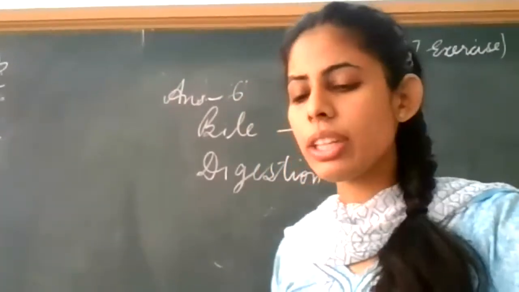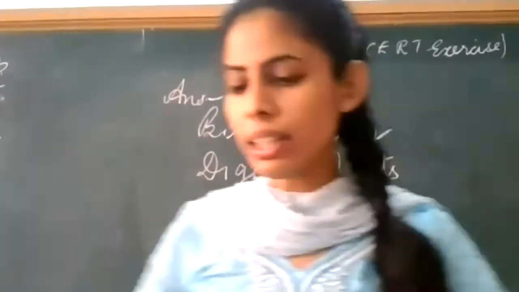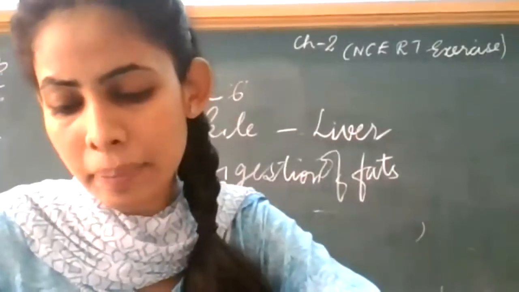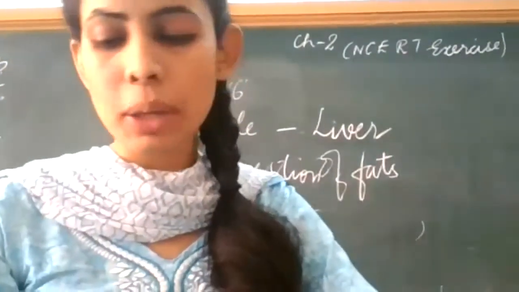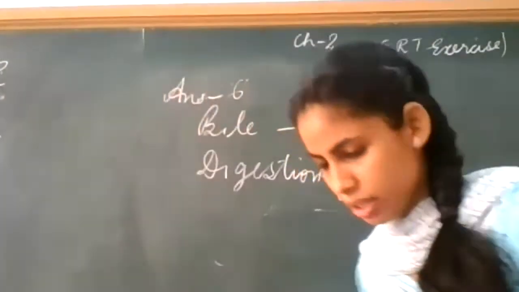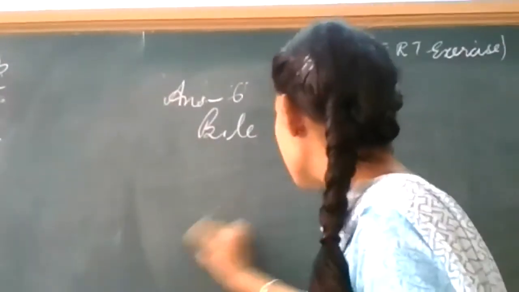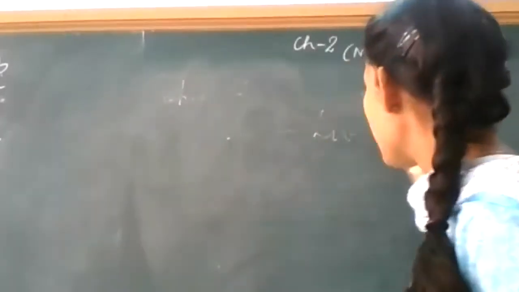Very good. So the humans do not have the bacteria. In the ruminants, the cellulose is digested by the action of bacteria that is not present in humans. Clear? So how will you write the answer? Just see here. Very good, Saisha.